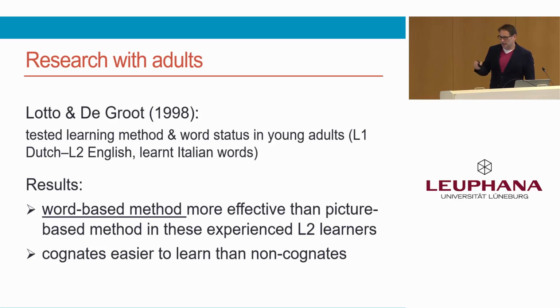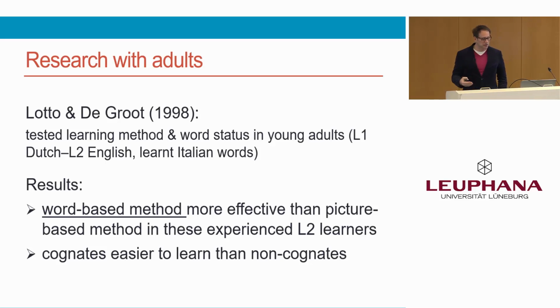And the results, and again, I'm not going to go into detail so much and show you graphs, I'm just going to tell you the word-based method evidently was more productive here. It was better. The participants knew more of the Italian words using the word-based method, okay? These were young adults, I think, between 20 and 25-ish, something like that. A word-based method was better than the picture-based method, and cognates were easier to learn than non-cognates, okay?